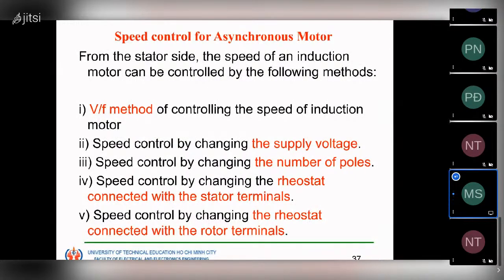Rheostat here means resistance combined with reactance. And finally, we have the speed control by changing the rheostat connected to the rotor terminal. Remember, in the last control method, the rheostat here means only rotor resistance, not reactance. Do you remember? Yes.